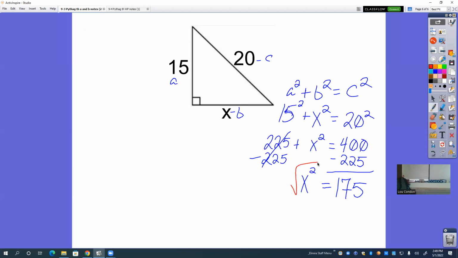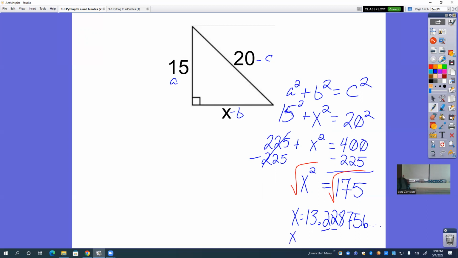And again, the opposite of squaring something, take the square root. And x equals 13.2287, etc. And again, with a long decimal, we round to the nearest tenths place.